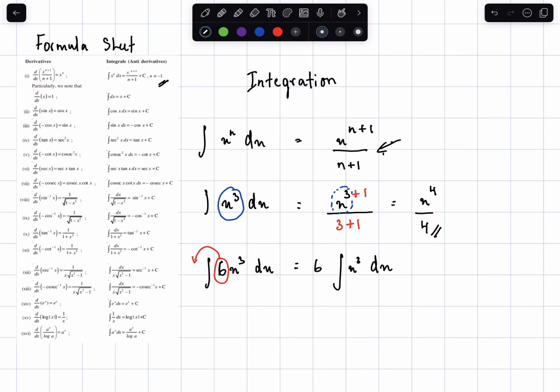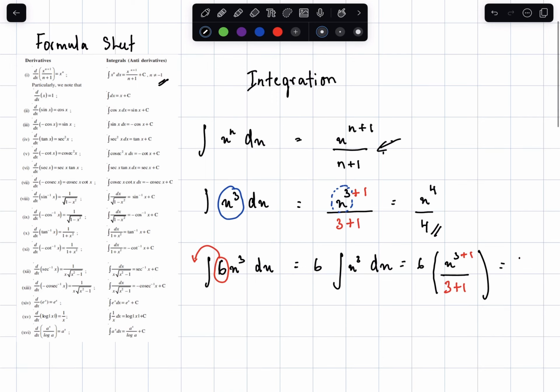which is simply 6 times, you can put a bracket if you're not feeling comfortable, 6 times x raised to the power 3 plus 1 divided by 3 plus 1, which is equal to 6 times x raised to the power 4 divided by 4.